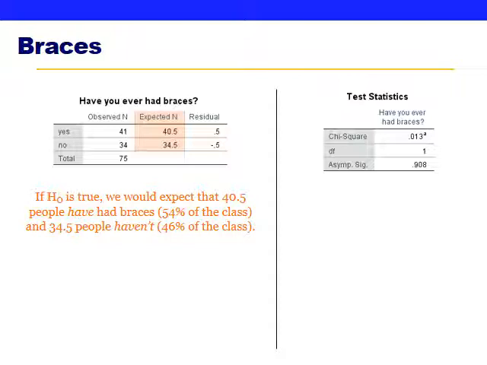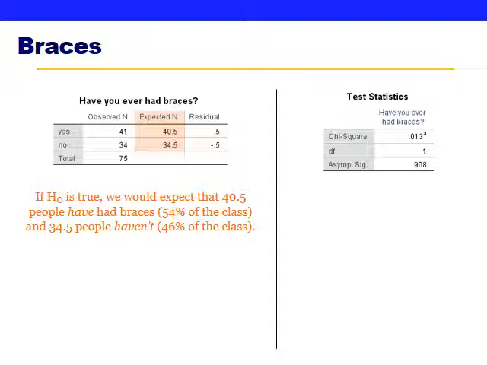Because there are 75 people in our class, if exactly 54% of our class has had braces before, that would mean that 40.5 people out of those 75 people would have answered yes to that question. In other words, 40.5 is exactly 54% of 75. The other 34.5 people would not have had braces, according to the null hypothesis.